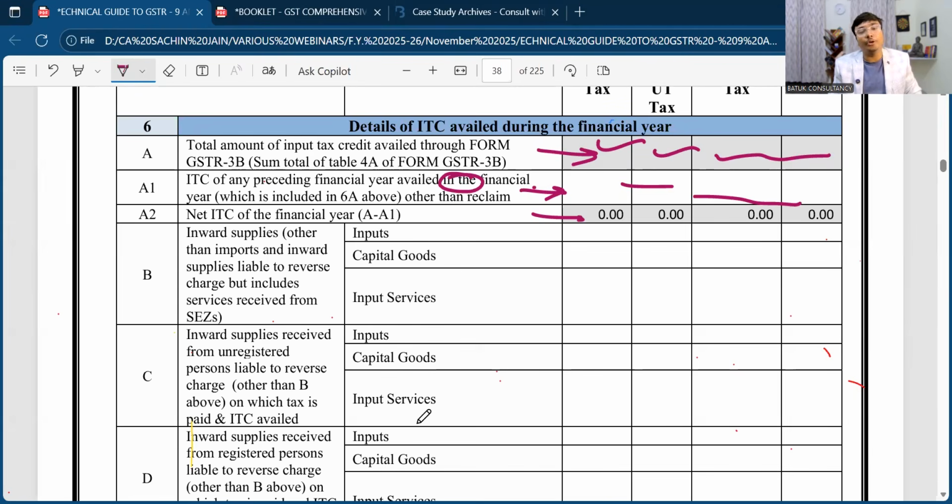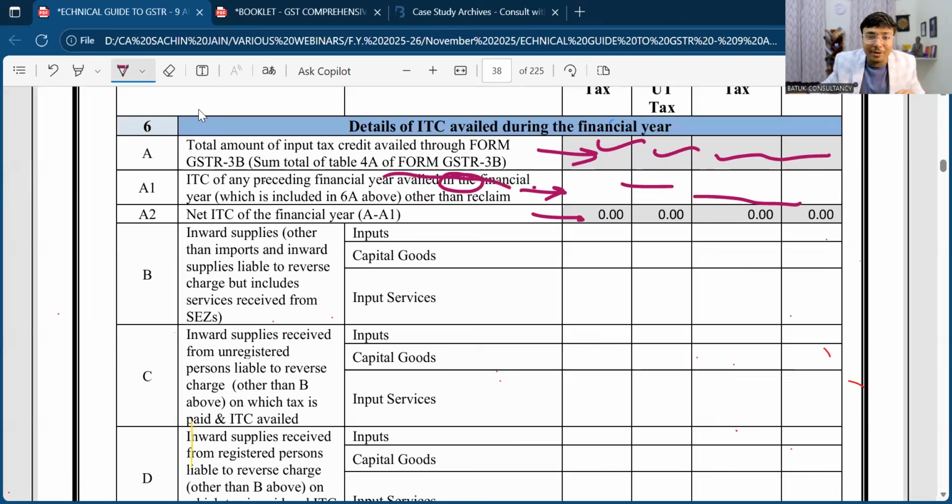No, sir, that will not be included. Paresh Kumar, sir, the ITC which is there is only related to financial year 2024-25, which you have claimed in the particular financial year in your GSTR 3B return. Vinay, sir, rule number 37 regarding the reclaim of input tax credit, for which I have already said, just ignore this word other than reclaim, because we will discuss later on.